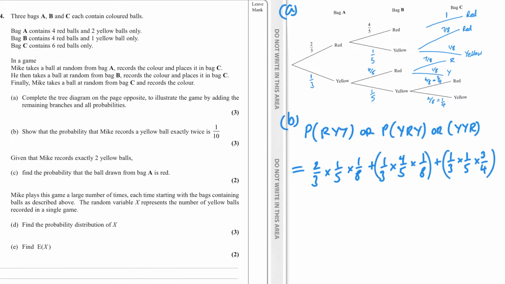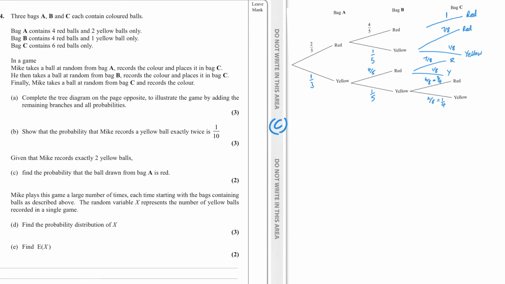And there we have our probabilities, and I just need to calculate these. If I change that last one here into the 6/8, I'll have the same bottom, which makes it easy. Or of course I can just use my calculator. And of course, if you did it right, you get your 1/10 as we were expecting.